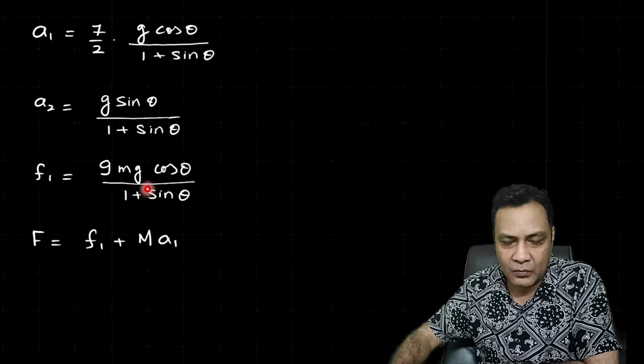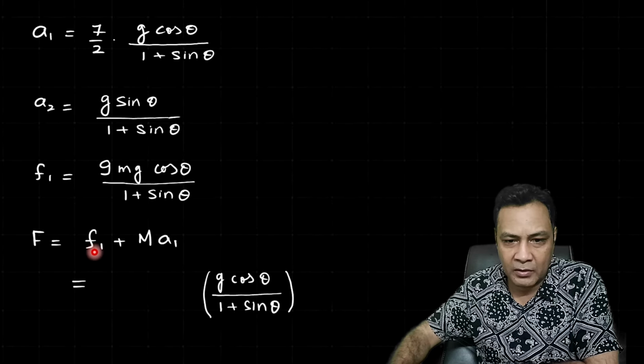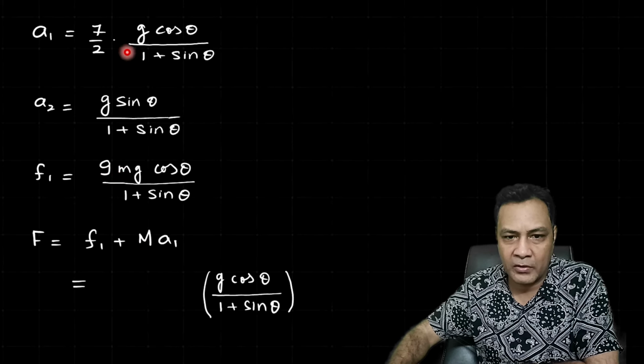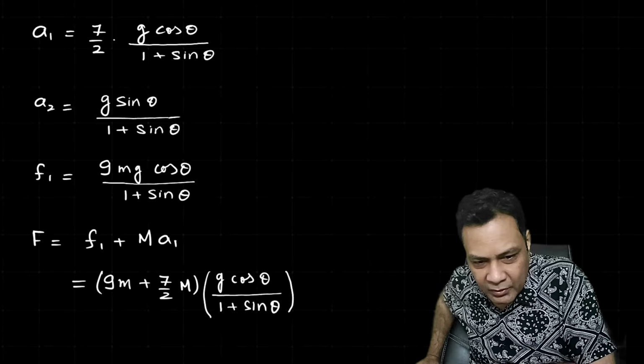In both these, g cos theta upon 1 plus sine theta is common. So take that common, and in F1 another factor is 9m, and in MA1, M comes here and A1 gives 7 by 2, so that will be 7 by 2 capital M. So we got the value of F.